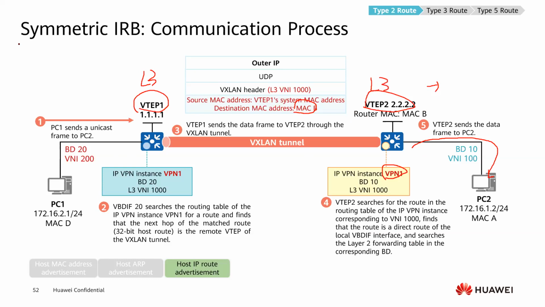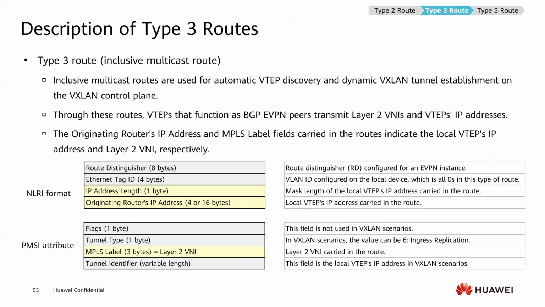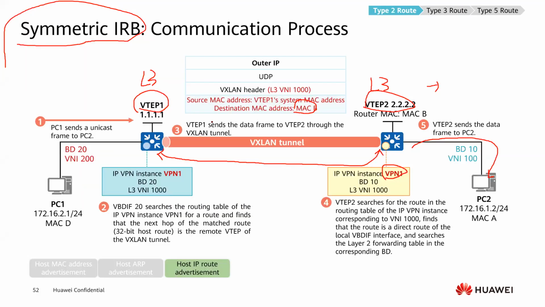So that is the symmetric IRB. What is different is that between the VTEPs we need to transfer the level 3 information, and that is important. It's kind of like MPLS VPN.